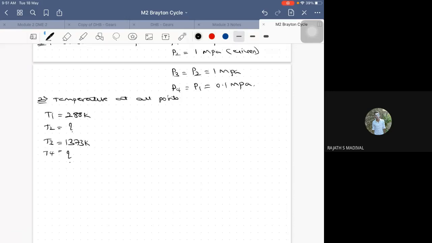Now, I need to calculate what is T2 and what is T4. How? By the equation, temperature ratio T2 by T1 equals T3 by T4. From the PVT conversion equation. For which process do you have to apply this?